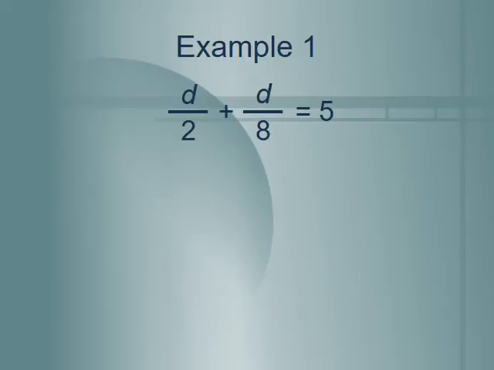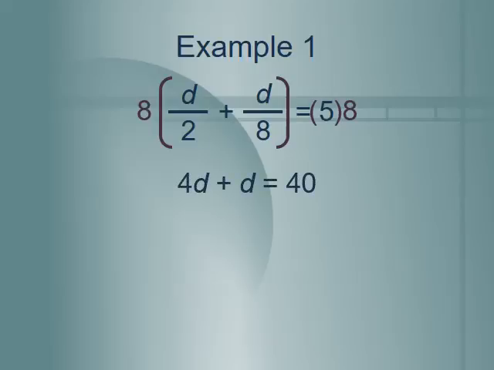And if we add those together and if we find our d, we're actually going to change the fraction so we can get rid of it, and we have 4d plus d, which is 5d, equals 40. So our distance is going to equal 8 in this case.